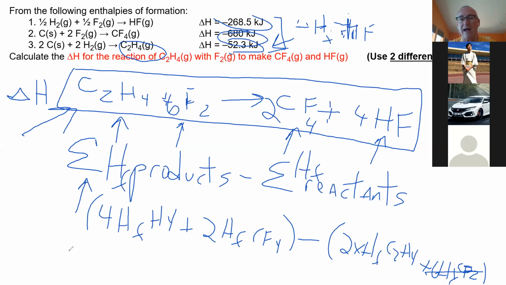Formation of graphite is 0 because that's the most stable form of carbon. Most stable form of hydrogen is H2, so that's 0. O2, 0. H2O is not the most stable form of H or O, and it's not an atom. It's 2 different ones. The most stable form of any atom at standard temperature and pressure is 0. That's how much energy it takes to make that.